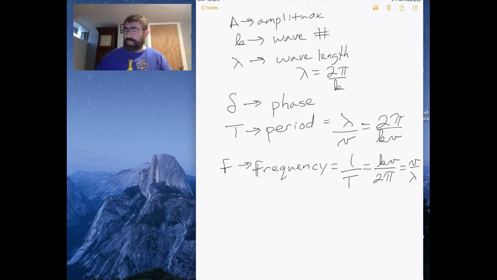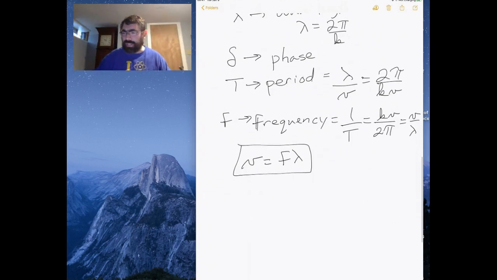If I multiply both sides by the wavelength, that means the speed of the wave is equal to the frequency times the wavelength. So that's a good equation to remember: the speed of the wave is equal to its frequency times its wavelength.